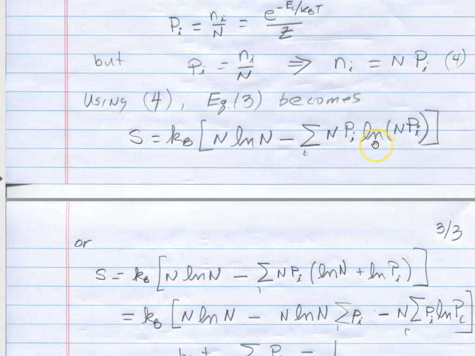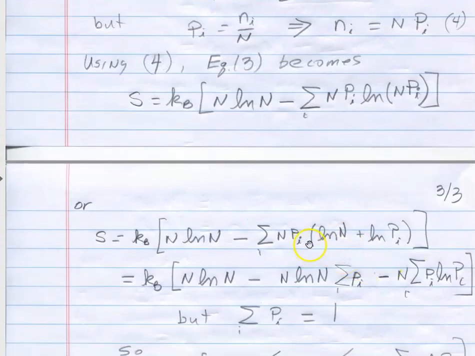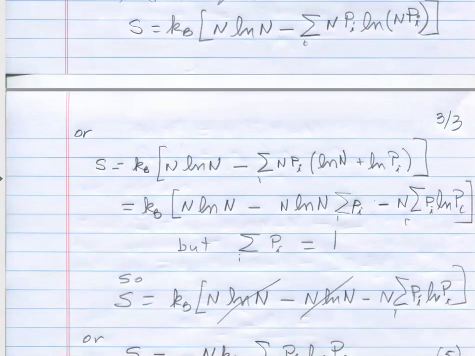Again, we do some manipulation with the logs. The log of a product is the sum of the individual logs, so we just use that relationship here. Collect terms. The N and ln N can come outside, and we have the summation over the p_i's. And likewise here, the N can come outside, but the p_i and the natural log p_i have to stay inside the summation.